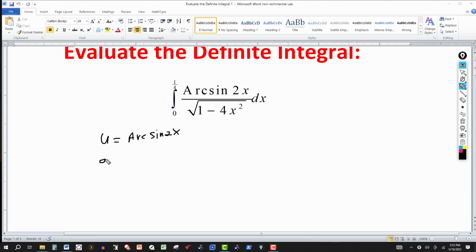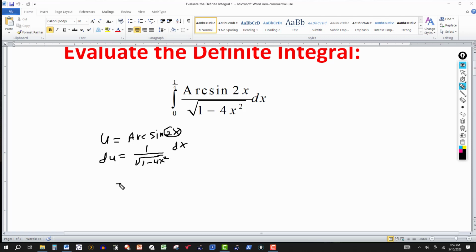So computing derivatives here, on the left side we get du is equal to, and as we just saw, the derivative of arc sine would be 1 over the square root of 1 minus u squared. Well, in this case, the u in the formula is 2x, the square of that is 4x squared, and then this will be dx.